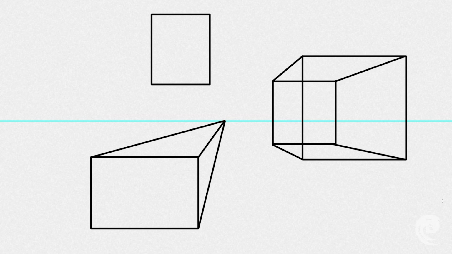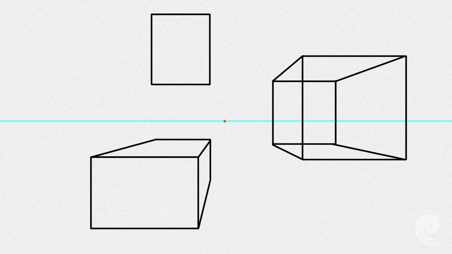Then I'm going to draw a horizontal line connecting however far back or close I want this box to be, connecting to the orthogonal lines, and a vertical line connecting to where the horizontal line meets the orthogonal line. Then I'll go ahead and erase the lines I don't need anymore.